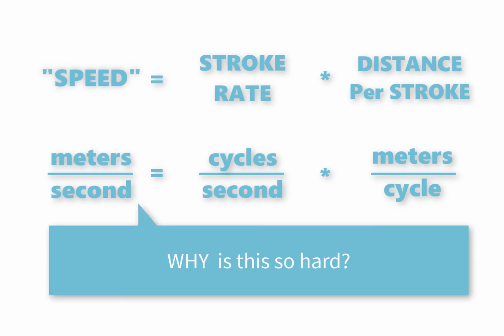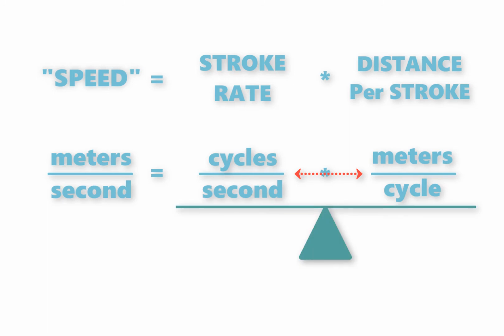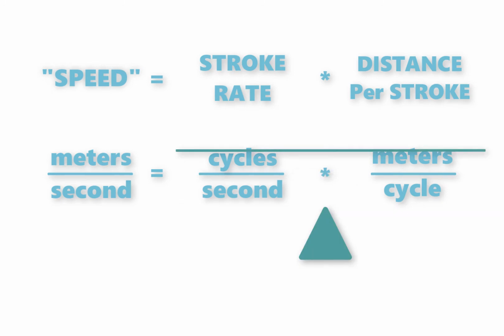So why is it so hard to actually do this in real life? Now, this goes back to how stroke rate and distance per stroke affect each other. We need to balance these two variables.